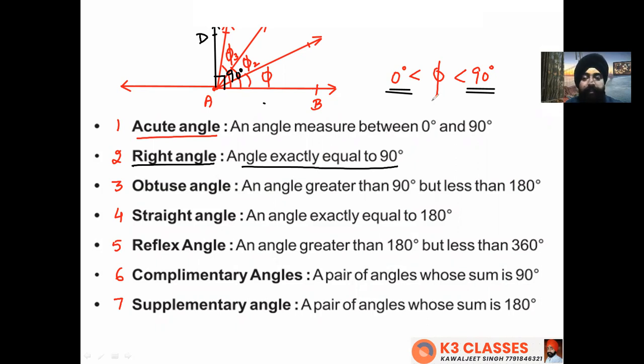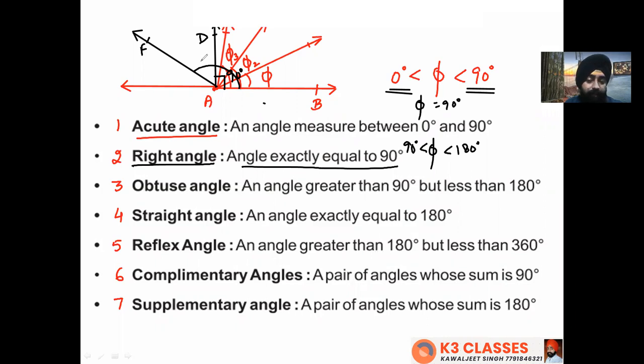Now, what happens if this phi angle is greater than 90 degree? If phi is greater than 90 but less than 180, it is termed as another type of angle. I'm drawing a ray AF, which has an angle more than 90 degree.